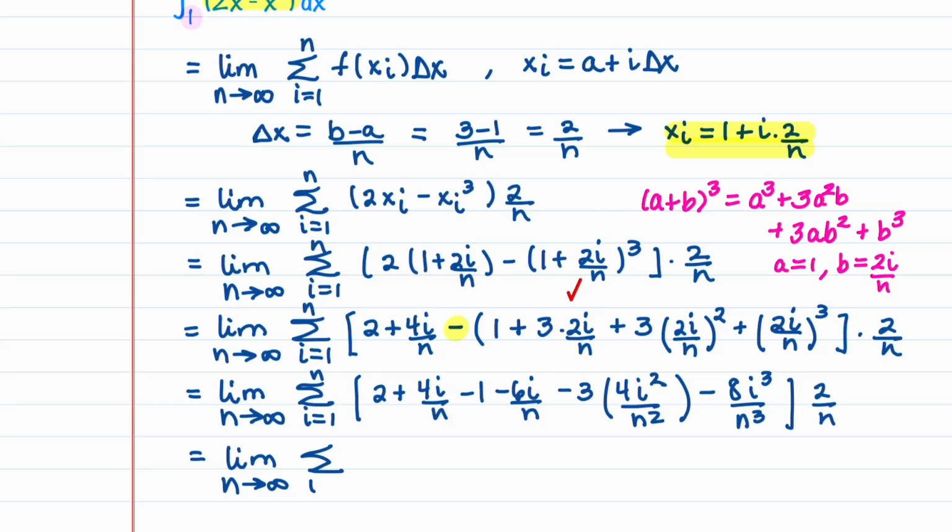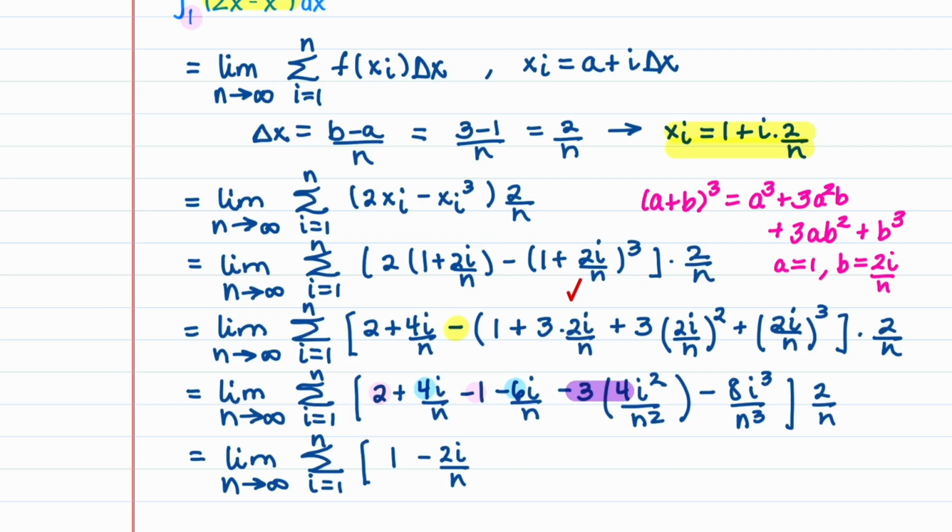So we have our sum. Let's first combine our constants. We have 2 and minus 1, so that gives us a 1. And then let's combine our i terms. We have 4 minus 6, so this is minus 2i over n. Now let's look at our i squared terms.